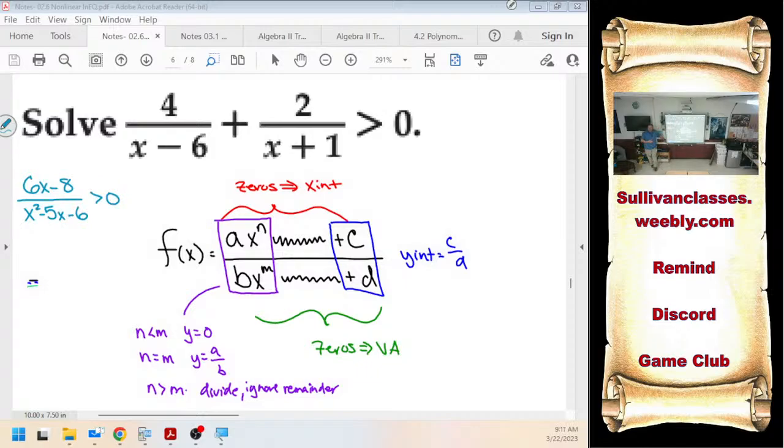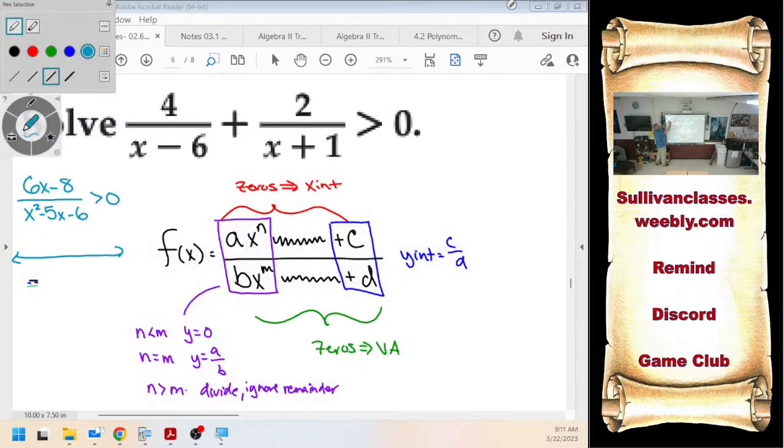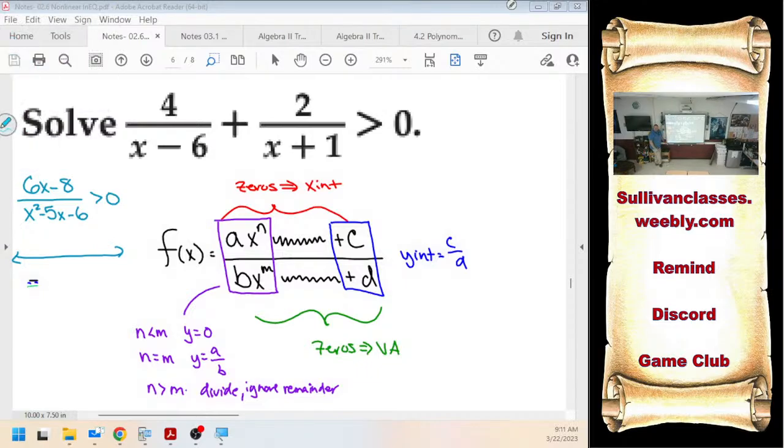After we got common denominators, we were here, right? I gave you the full tool set. It doesn't mean you need all of them to answer the question. Get your common denominators. Zeros of numerator, x-intercept. Zeros of denominator, vertical asymptotes.